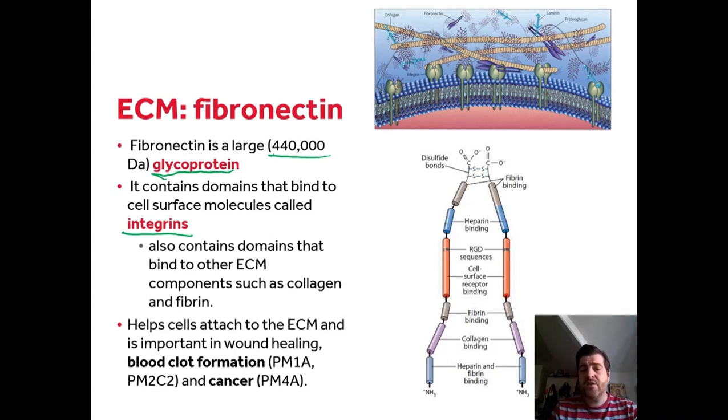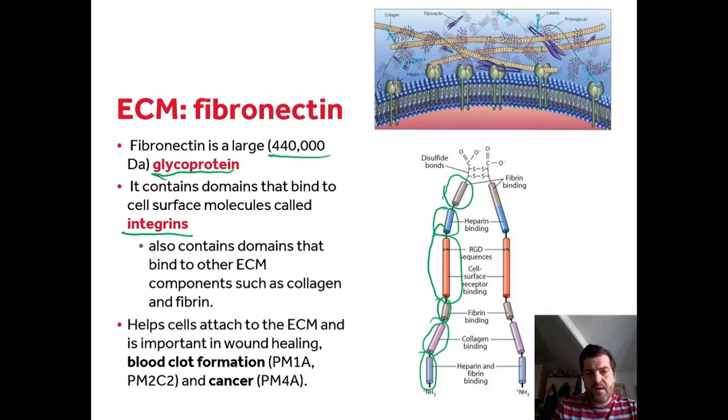They bind to fibronectin. So hopefully you can see here that there's a domain for binding to cell surface receptors, but there are also domains for binding to other elements of the extracellular matrix. So these are connector proteins, kind of like clips that can join things together.